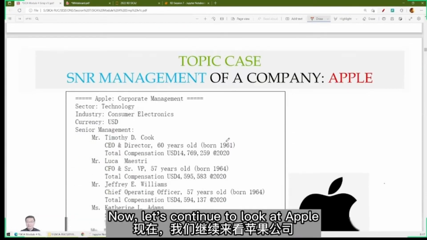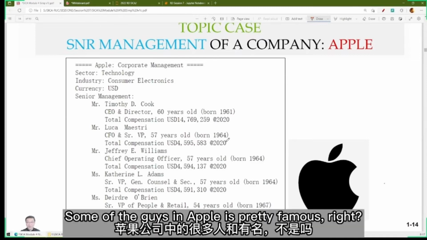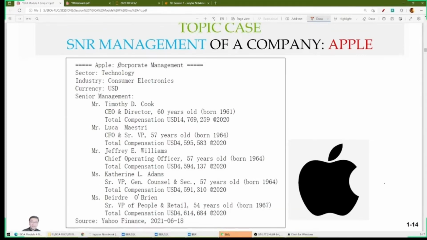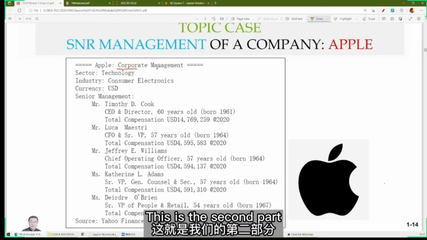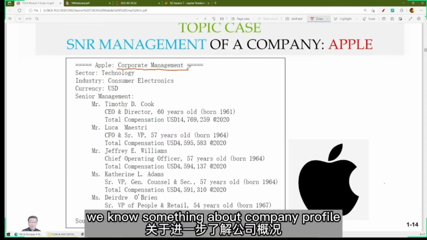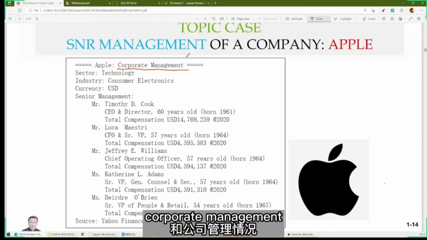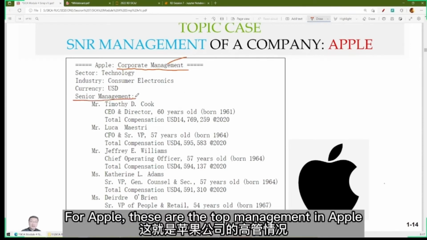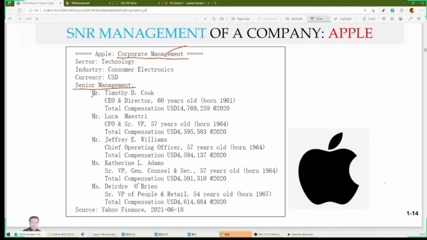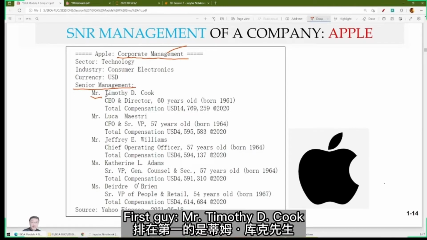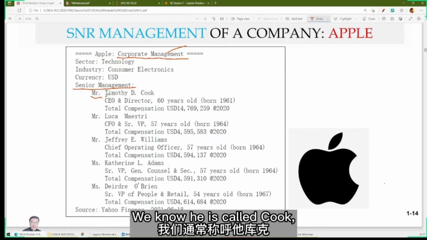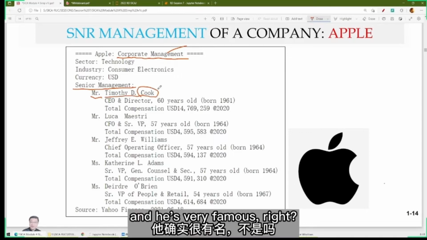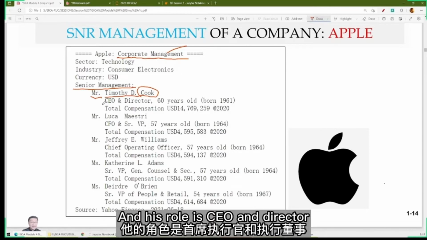Now, let's continue to look at Apple. Some of the guys in Apple are pretty famous, right? This is the second part. We know something about company profile, corporate management. For Apple, these are the top management. The first guy, Mr. Timothy D. Cook. It's very famous, right? His role is CEO and director.